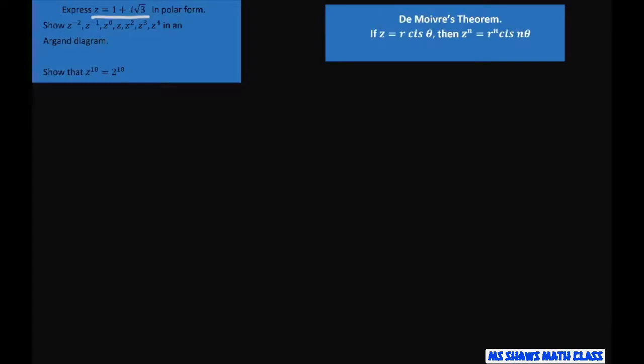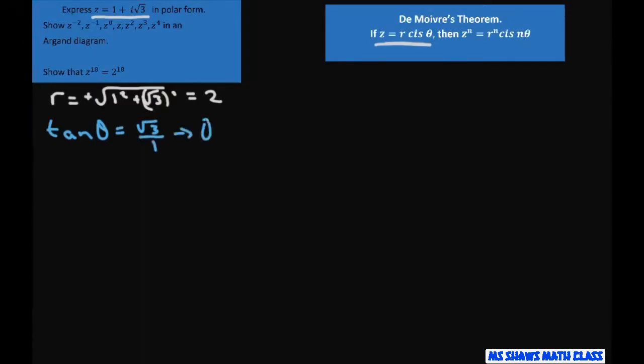So we want to express it in this form here. Our r equals the positive square root of your x and y values squared. So that's going to be 1 squared plus square root of 3 squared, and this equals 2. And then to get our angle, tan of theta equals square root of 3 divided by 1.